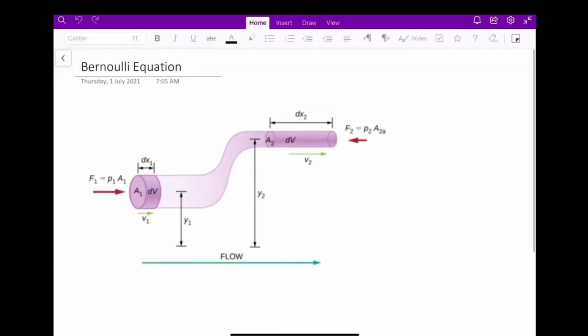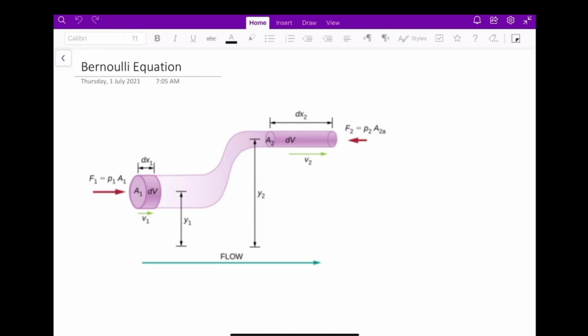So I'll start, okay, to derive the Bernoulli equation, I'll start with this type of system. Here we have a pipe with different diameters. If you notice, at the inlet this pipe has a diameter of D1, that's why the surface area is A1, but it undergoes a reduction.